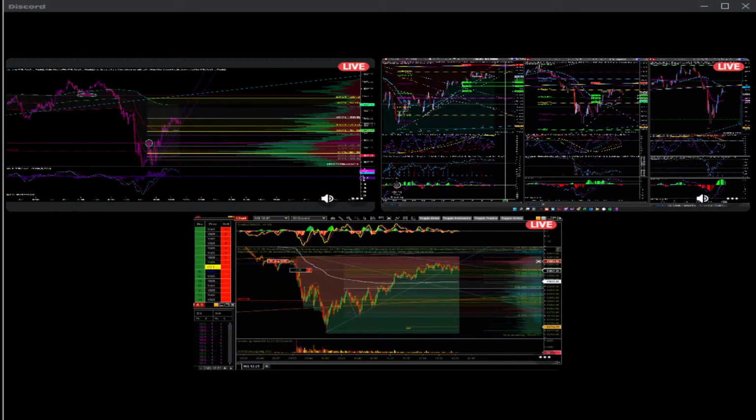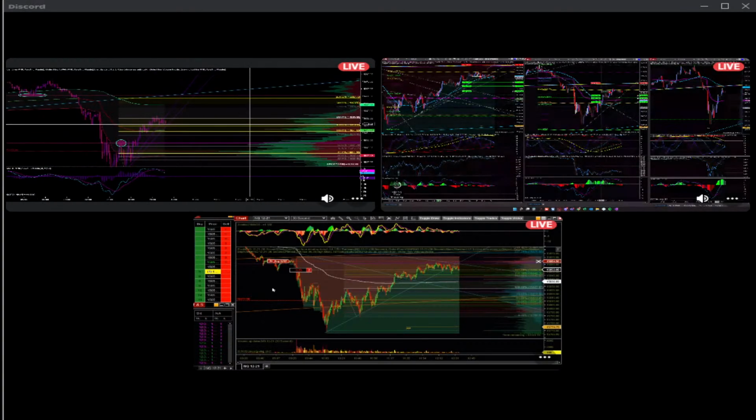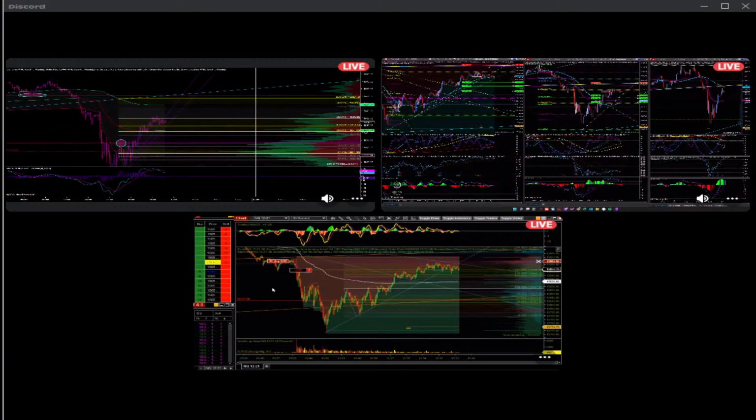I'm still short. What I shouldn't have done is, when it came to the positive, I should have gotten out, or at least shaved almost all of it off and entered the other trade.